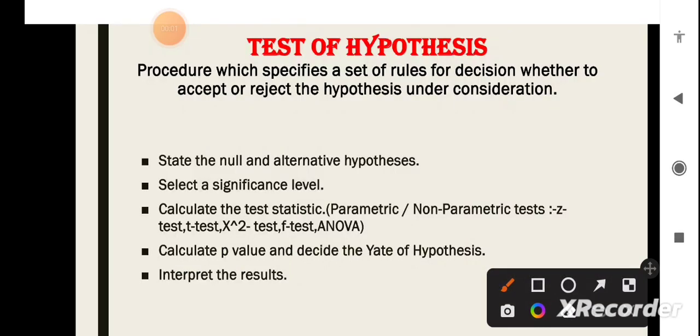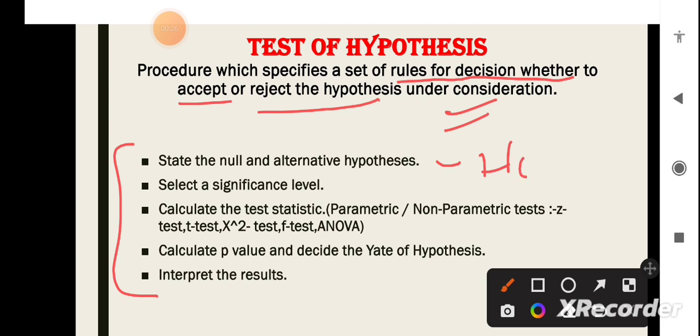Next, let's know about the test of hypothesis. Test of hypothesis is a procedure which specifies a set of rules for deciding whether to accept or reject the hypothesis under consideration. There are 5 steps for hypothesis testing. First is to state the null and alternative hypothesis.